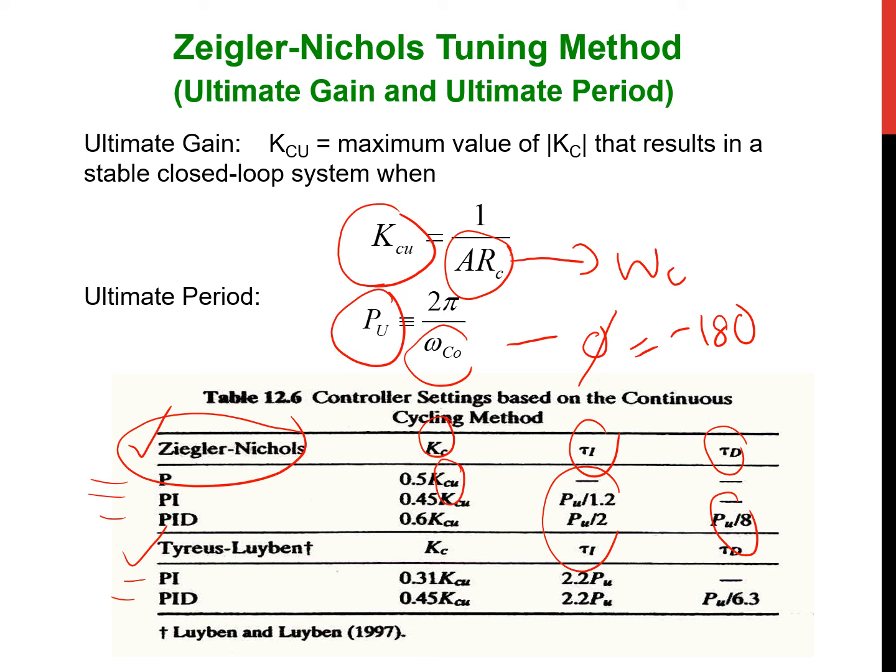Check the stability. If it's stable, then you check whether the controller is well tuned. Check the range. If it's okay, then you stop. If it's not okay, then you find new controller parameters using Ziegler-Nichols or Tyreus-Luyben. That is the overall procedure for the frequency response.